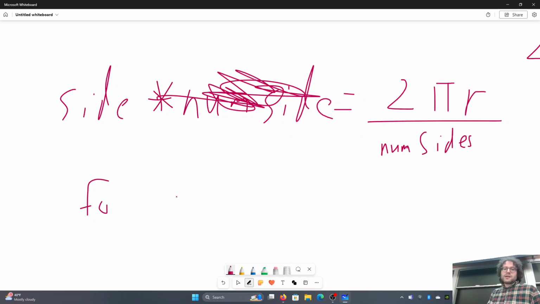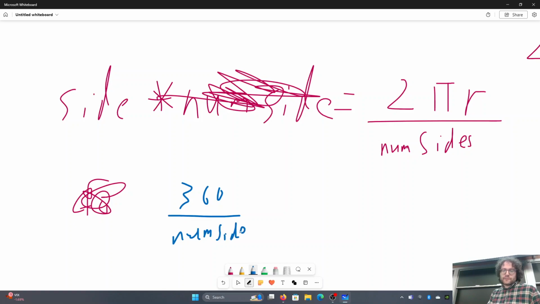So each time, we want to turn 360 degrees divided by the number of sides, and we want to move forward 2 pi r divided by the number of sides we have.